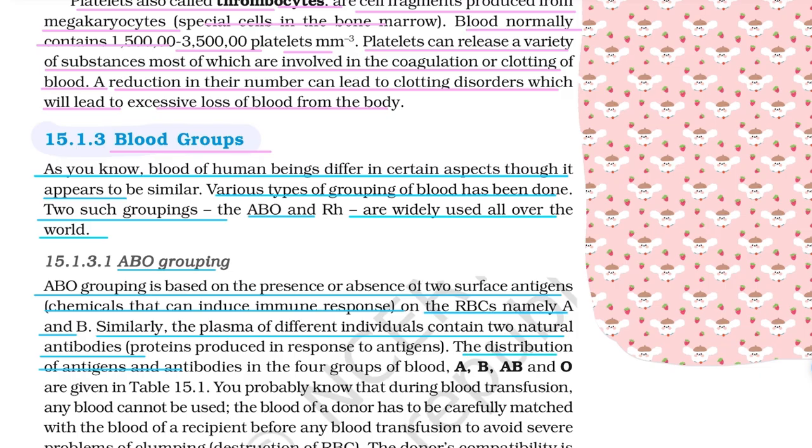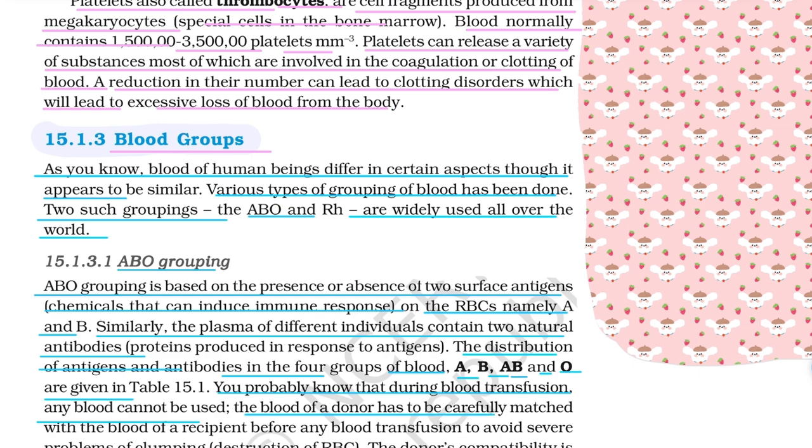The distribution of antigens and antibodies in the four groups of blood, A, B, AB and O, is given in Table 15.1. You probably know that during blood transfusion, any blood cannot be used.